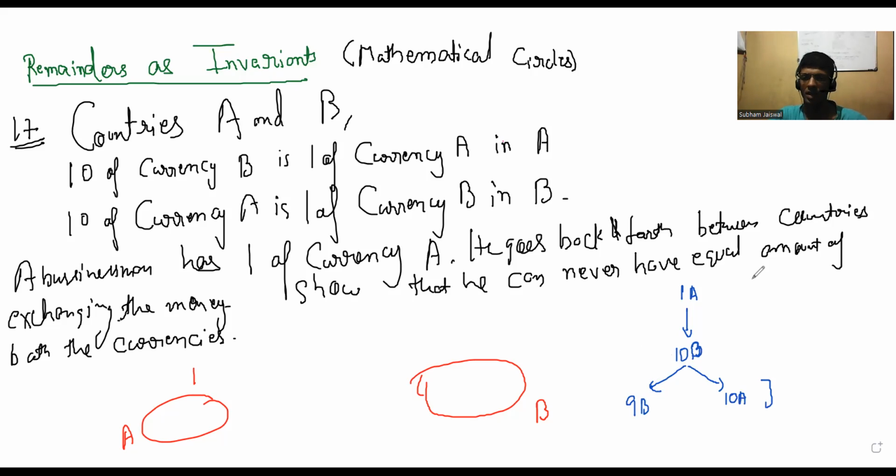So let's say that this was in A, this is also in A, but this is in B. Okay. So you see, again, he has the unequal amounts of A's and B's. Yes, absolutely.